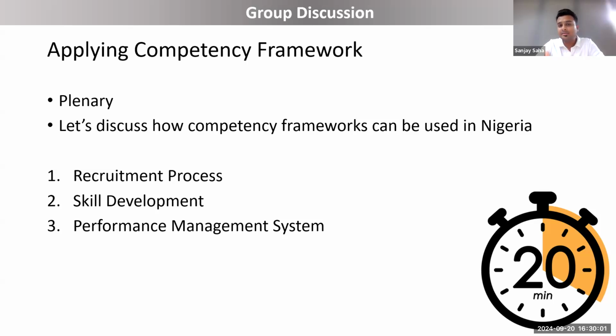So if you have any existing experience, or if you can tell us what do you think? How can a competency framework be used in Nigeria in one of these processes like recruitment, skill development, or performance management? Anyone is okay to contribute, but please contribute so that we know from your perspective as well.